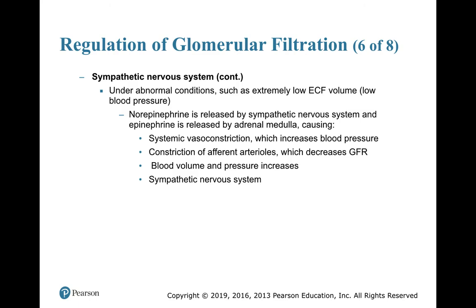Under abnormal conditions, such as an extremely low extracellular fluid volume, which would mean low blood pressure, norepinephrine is released by the sympathetic nervous system and epinephrine by the adrenal medulla. That causes systemic vasoconstriction, which increases blood pressure. It also causes constriction of afferent arterioles, which decreases glomerular filtration rate, causing the net effect of blood volume and pressure increasing.